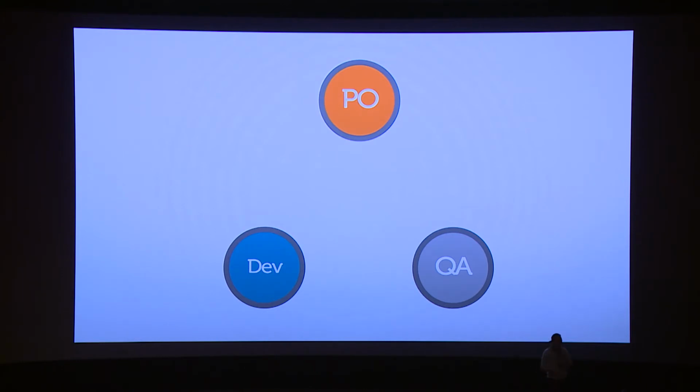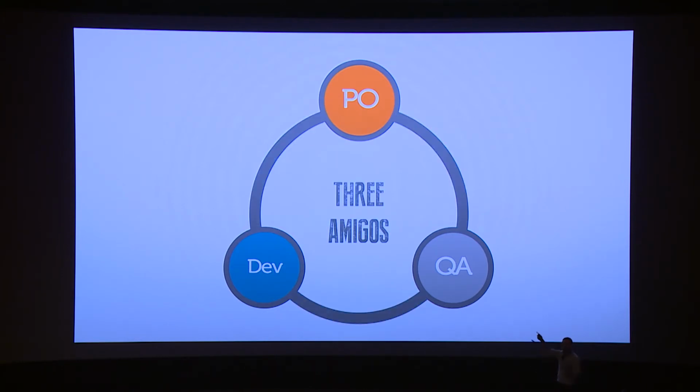That's why it's very important to have these 3 people talk to each other in a session called a 3 Amigos session. 3 Amigos are just friends that have different views on actually the same thing. But with their powers combined, they can make sure that the right thing is being built. So the 3 Amigos is what we use in the project to make sure that it works as expected and that we build what we want.